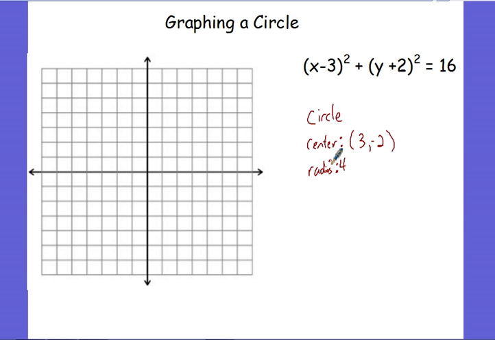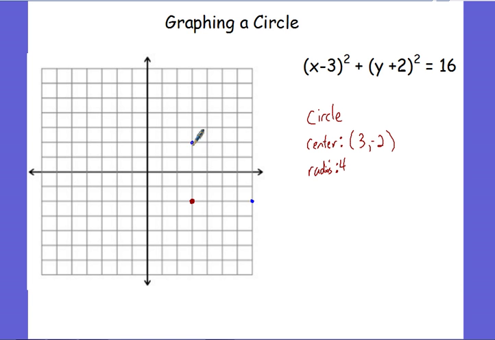So I know it's a circle. I know I have my center. I have my radius. Basically, I broke it down. Now just draw it, okay? So where is my center? How do I get there? 3 to the right, 2 down. So there's my center. And then this one has a radius of 4. What does that mean? 4 in every direction. So 1, 2, 3, 4, bam.